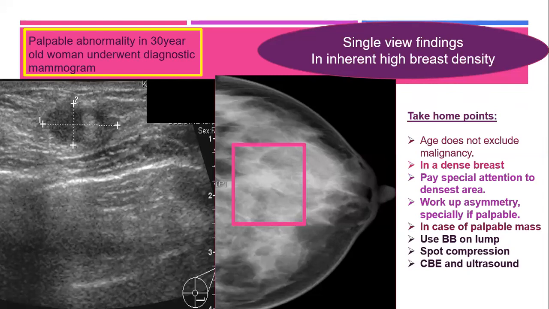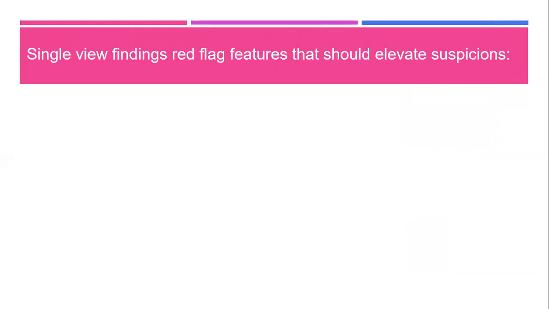Any asymmetry corresponding to a palpable abnormality, you have to take it into consideration. And in cases of palpable masses, it's better to use the BB on mammography. It will help to appreciate any corresponding abnormality. And also you can use spot compressions and ultrasound, and you have to make use of the clinical breast examination.